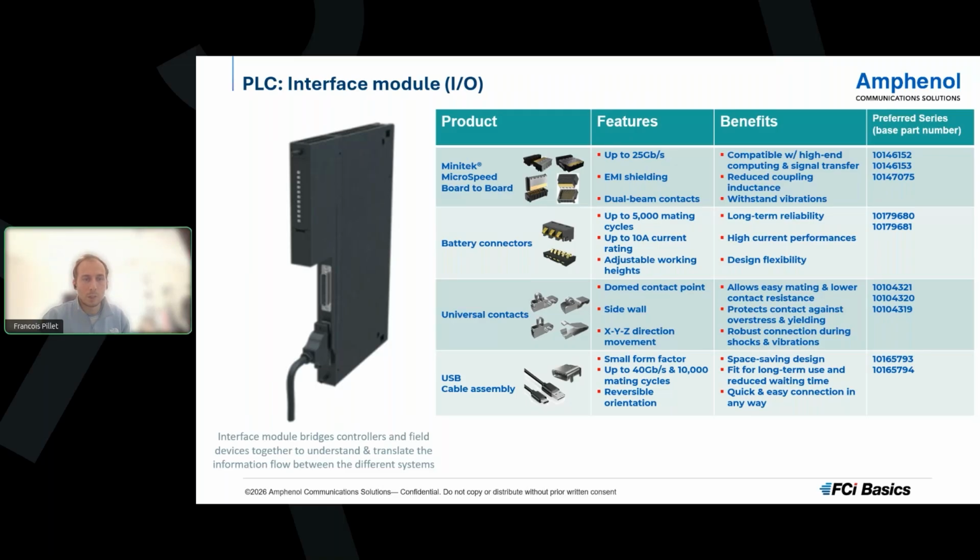The EMI shielding offers reduced coupling inductance. And with 25 Gb per second, this series is compatible with high-end computing transfers, whereas it will guarantee optimal performances. On the other side, we have our battery connectors and universal contacts that are also robust alternatives to reach a high number of mating cycles along with robust current rating. If needed, you can also consider our USB cable assemblies for quick and easy connections.